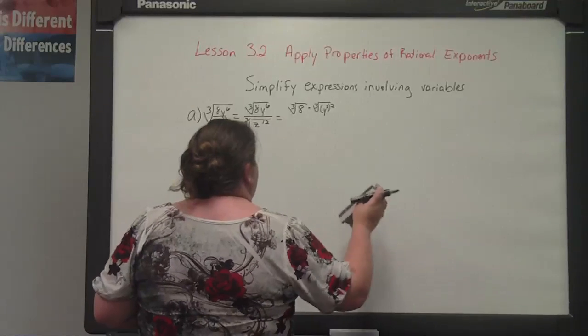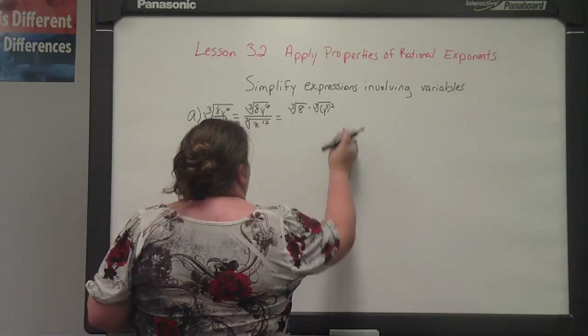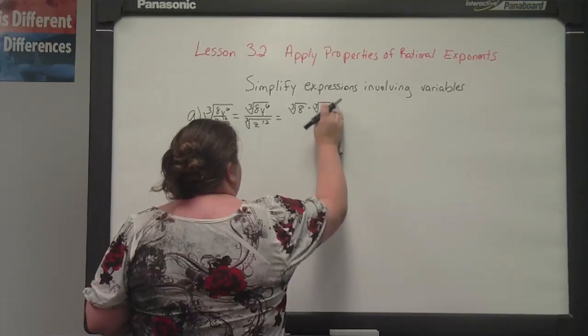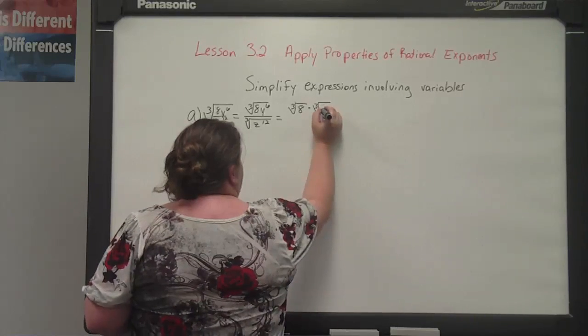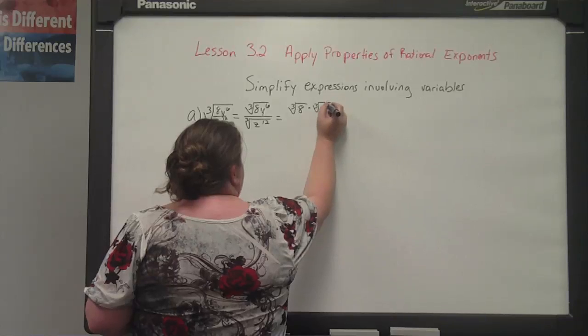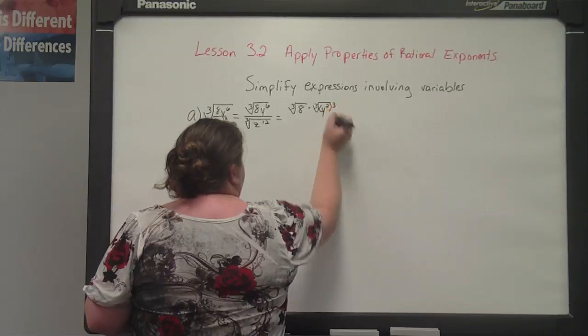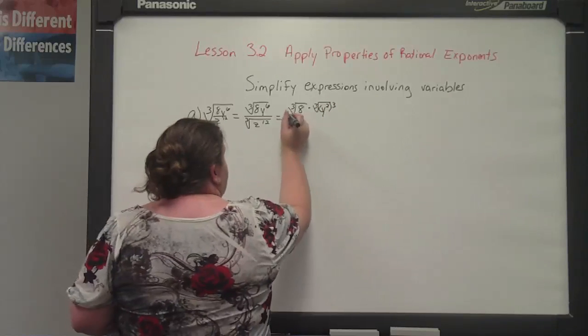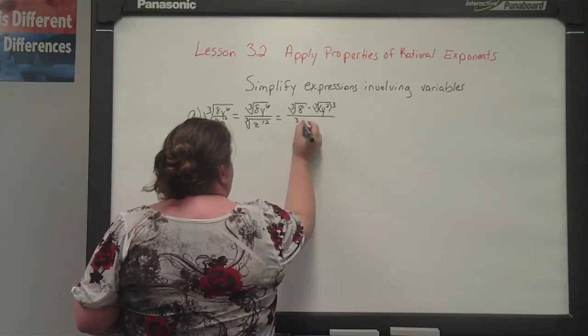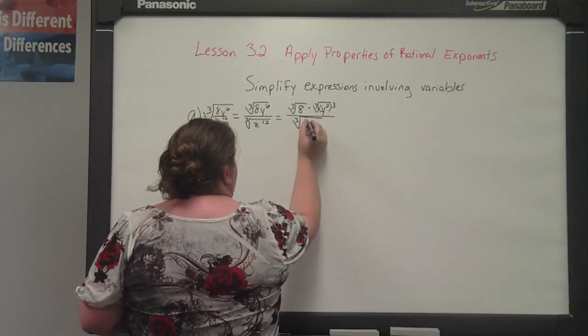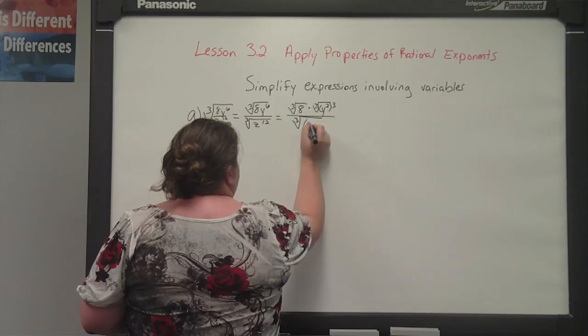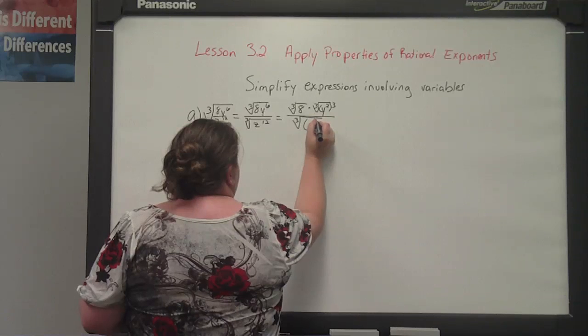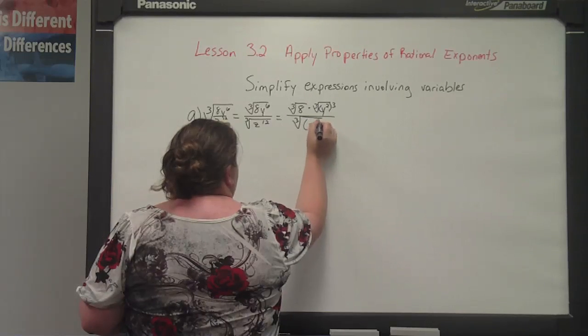I did that backwards. I want y squared cubed. Let me rewrite that. Y squared cubed, and then again over the cube root of z to the 4th cubed.